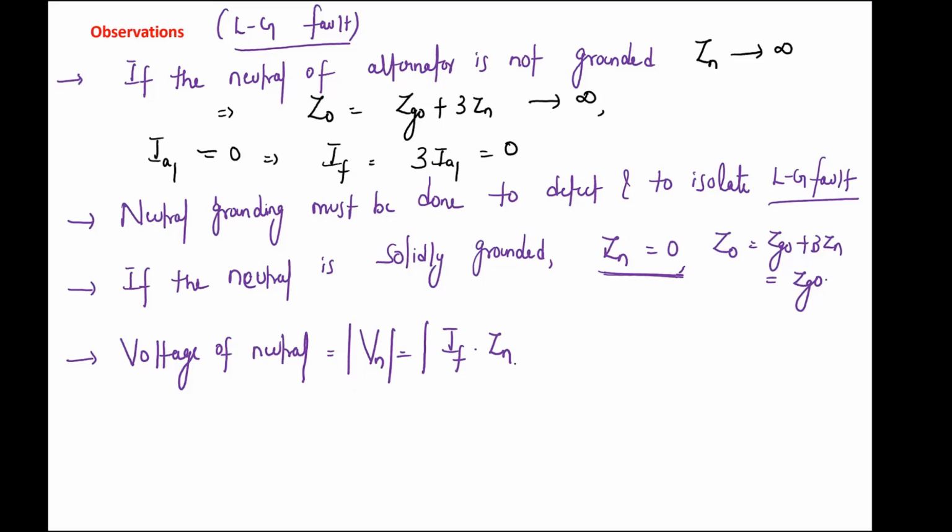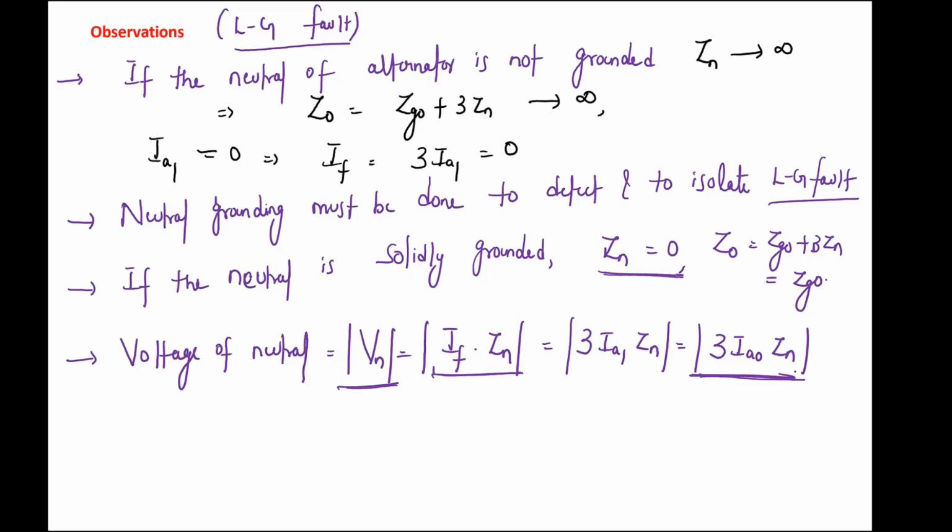Mod Vn is equal to IF into Zn. This I can write as 3 Ia1 into Zn, or most commonly 3 Ia0 into Zn. Why? Because only the neutral carries zero sequence currents. So for any fault, the neutral voltage is given by 3 Ia0 into Zn. Since in an LG fault Ia1 equals Ia2 equals Ia0, we can write it in different forms. So neutral voltage is given by IF into Zn, that is 3 Ia0 into Zn.